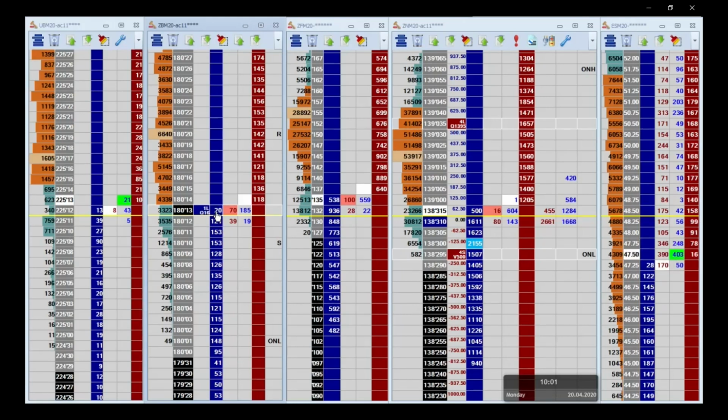So right there, I'm 16 in the queue. I feel like I'm pretty confident I'm going to get filled.